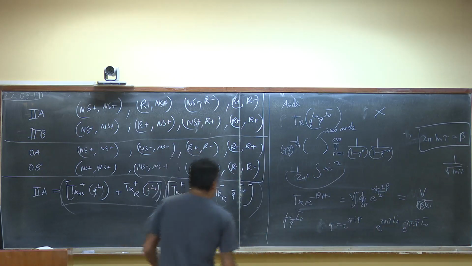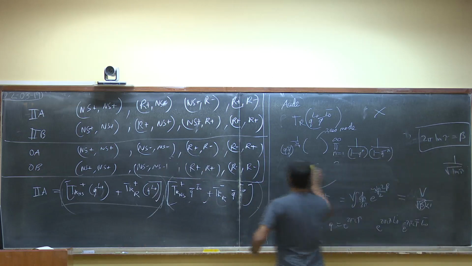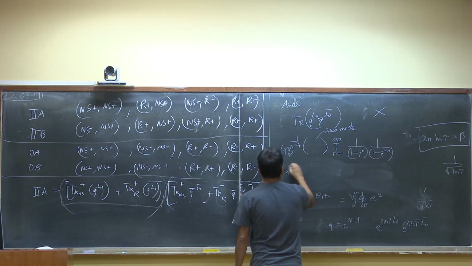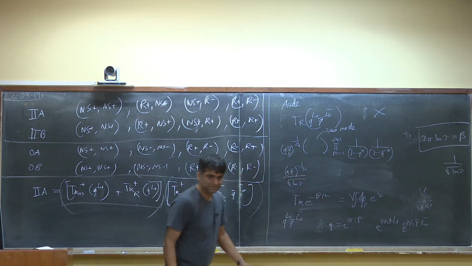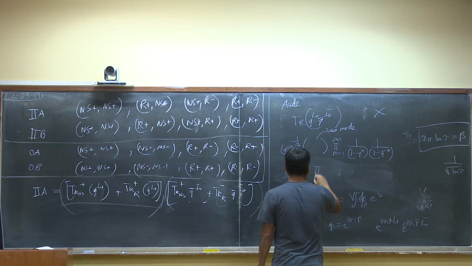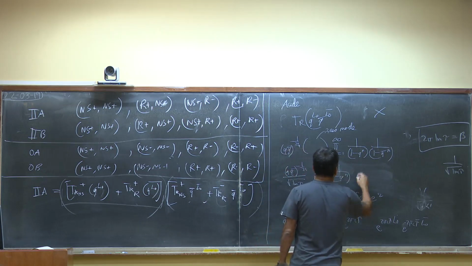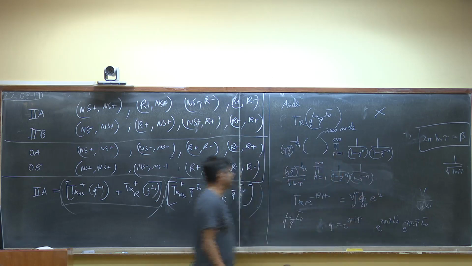The purpose of this jugglery was to get a precise line here: q bar to the power minus 1 by 24 divided by square root of Im tau, times this product of 1 minus q to the power n, 1 minus q bar to the power n.